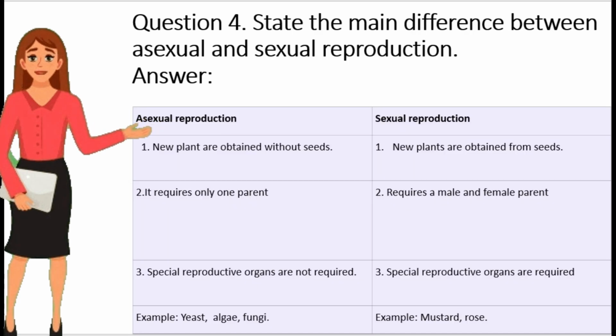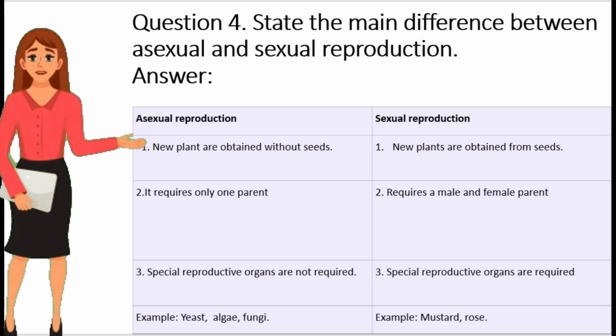Question 4. State the main difference between asexual and sexual reproduction. Answer. 1. In asexual reproduction, new plants are obtained without seeds. Whereas in sexual reproduction, new plants are obtained from seeds. 2.